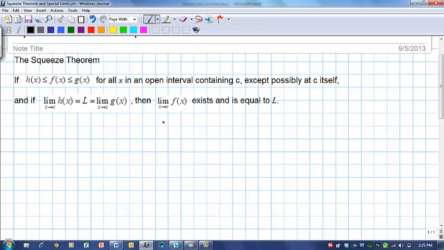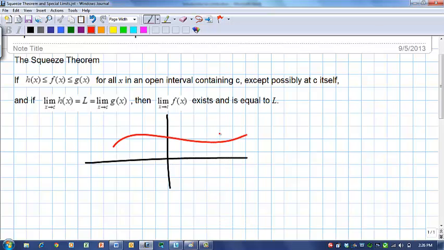So the idea is this: if I have a function f, some point c, and my function is squeezed between two functions g and h, and furthermore, the limit as x approaches c of g and the limit as x approaches c of h are the same thing.